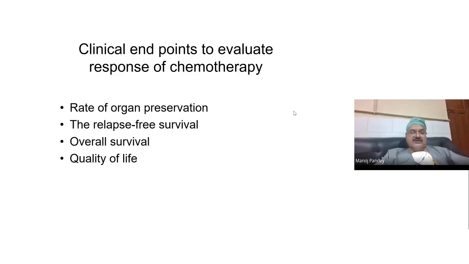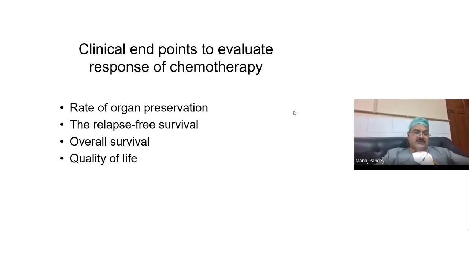In patients who are not being cured, you look at quality of life and try to give a good quality of life so that he can do his activities of daily living without any hindrances, and he is not bedridden and his quality of life is not compromised in any way.